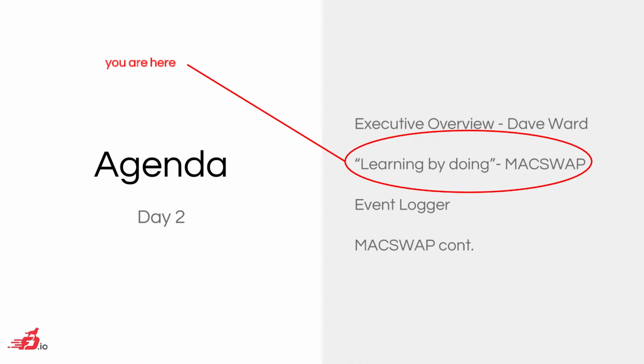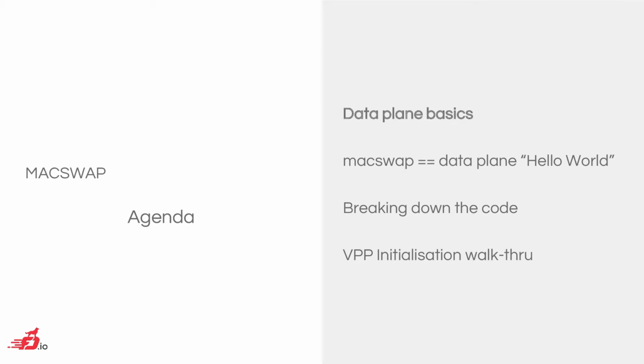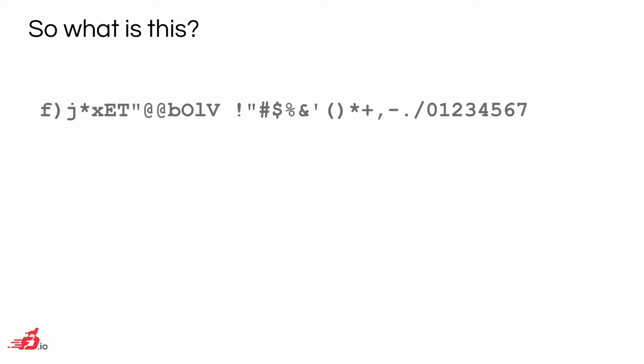So, the preso. What I wanted to talk about here was what I consider dataplane basics. So what is this? That's just a random bunch of scroll, and it's not meant to mean anything.